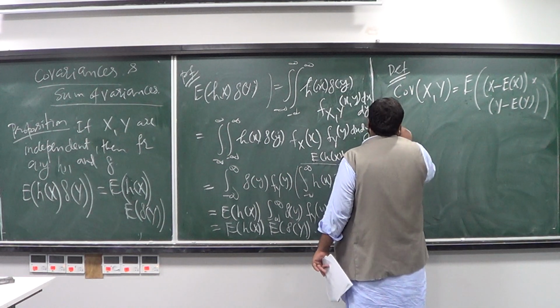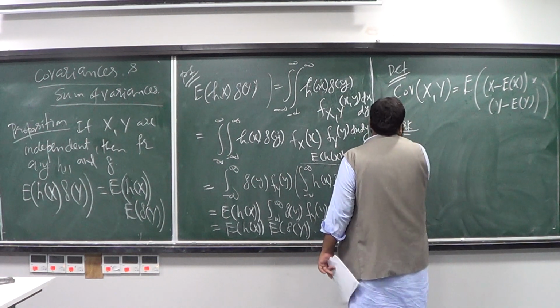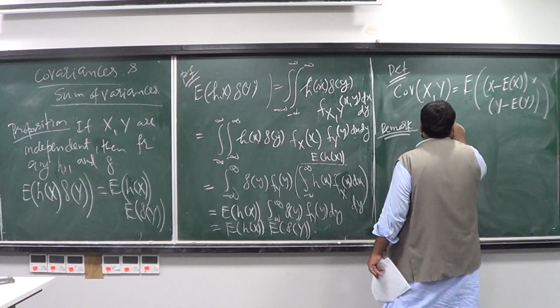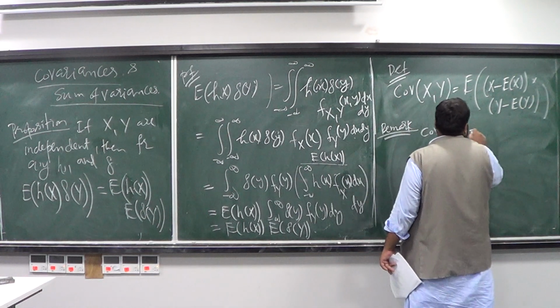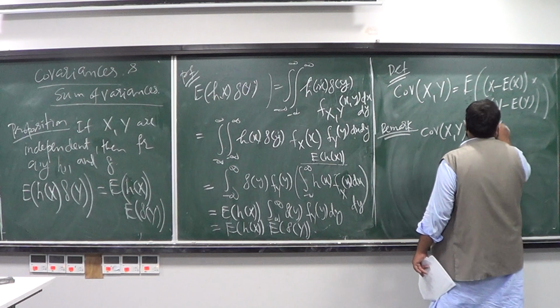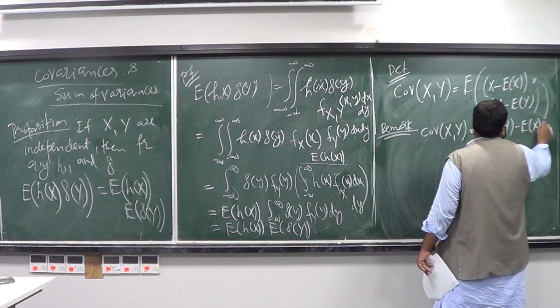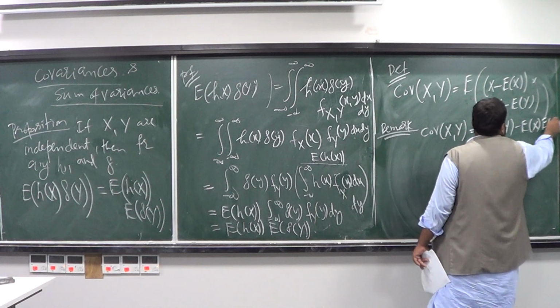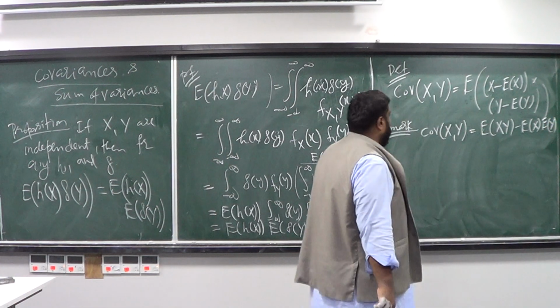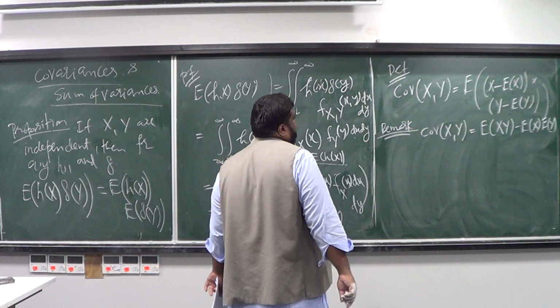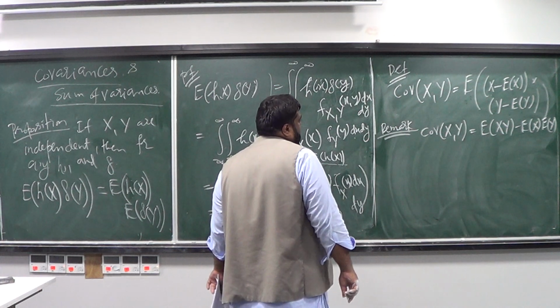A simple remark is this, that the covariance of xy can also be written as expectation of xy minus expectation of x times the expectation of y. So this is also a fact that follows from definition. How?